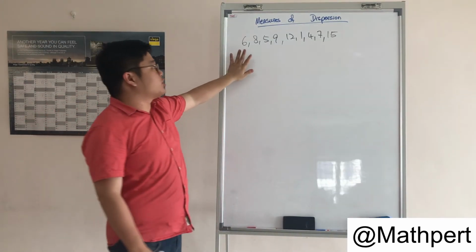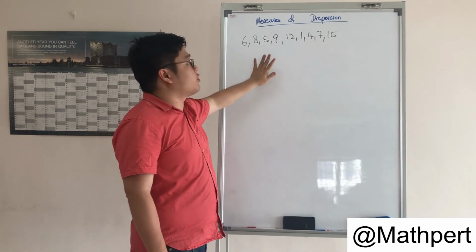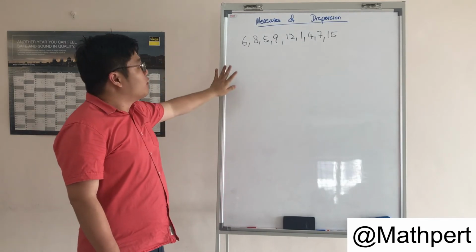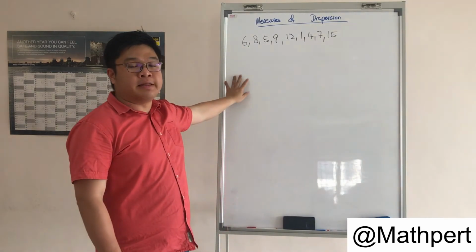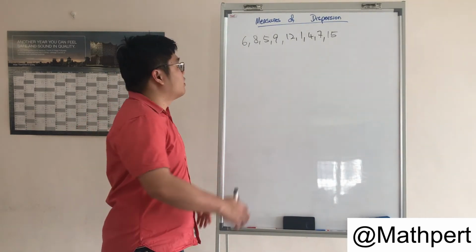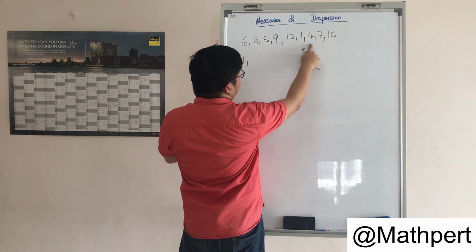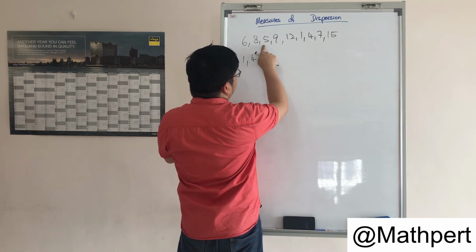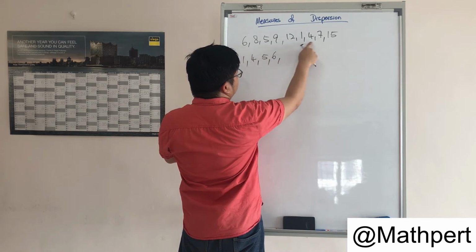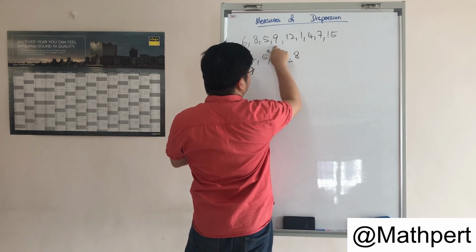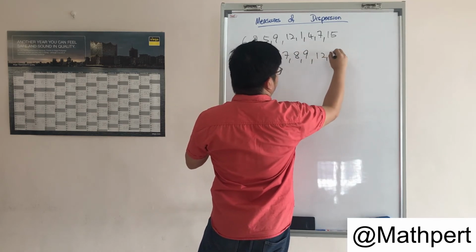Now, let's take a look at these questions. We are asked to find the range and the interquartile range for these. Alright? So first of all, let us rearrange the data in ascending order, meaning from smallest to largest. Smallest, 1, 2, 4, 5, 6, 7, 8, 9, 12, 15.